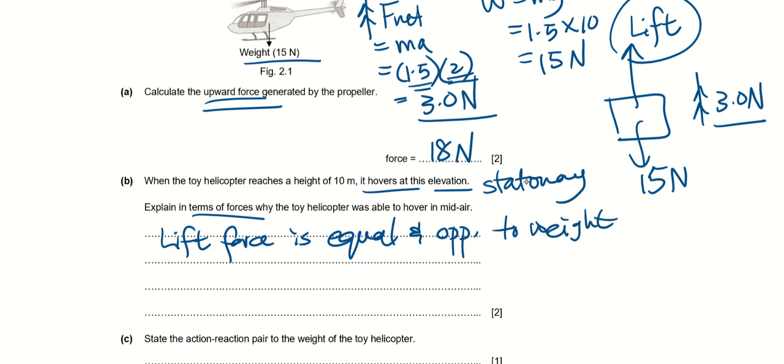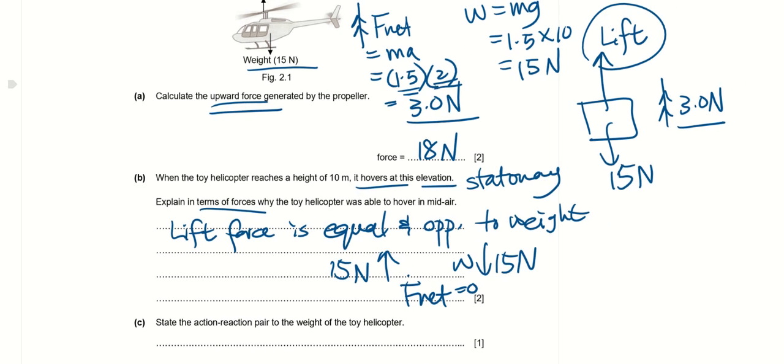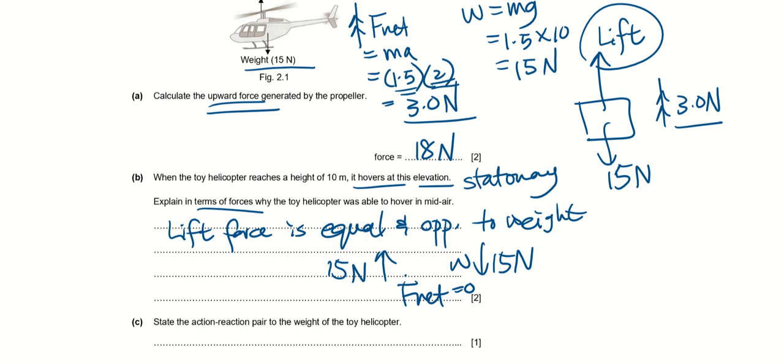I can adjust the lift force by adjusting the speed of rotation of the rotor. So it is equal and opposite to weight. That means it is going to be 15 Newton upwards, and my weight is 15 Newton downwards. Since F net equals 0, it will be stationary at that location.